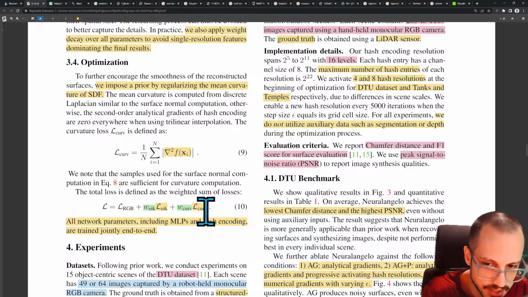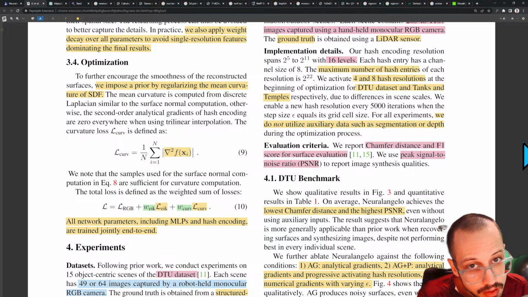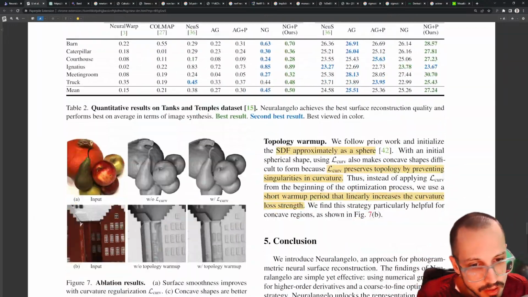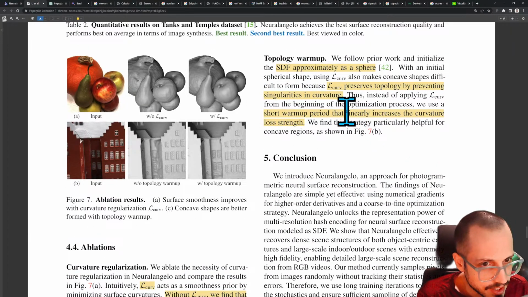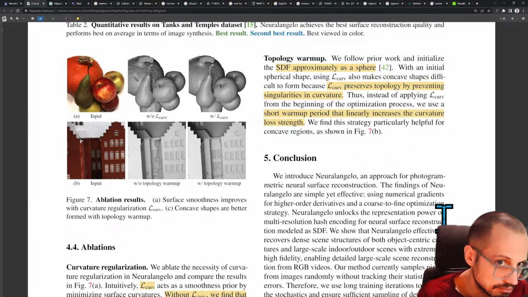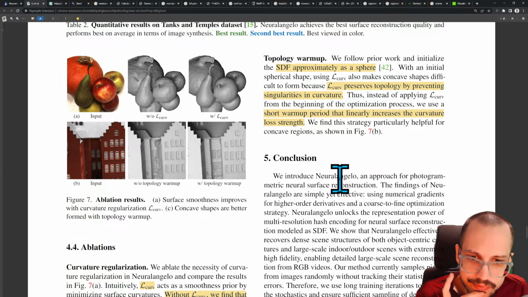Only once you get to the later stages of the training do you start to increase this W curve, and then the curvature regularization becomes more and more impactful, right? So there's a schedule on this W curvature. Just another hyperparameter that you have to know, right? Like, what if you had a quadratic schedule instead of linear for this curvature loss strength? I don't know.